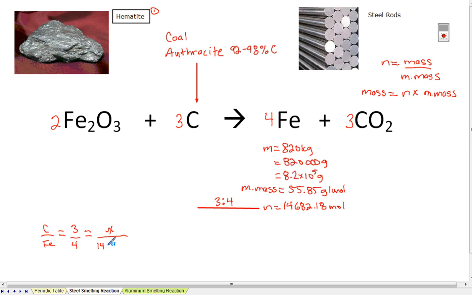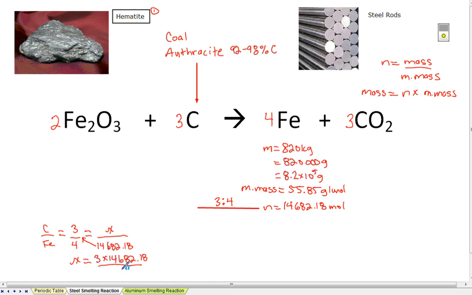Of course, my unknown here is the number of moles of carbon, so I give it an X. And I do know that there's 14,682.18 moles of iron. So I will rearrange my formula, cross multiply up to the 3, so it would be 3 times 14,682.18.